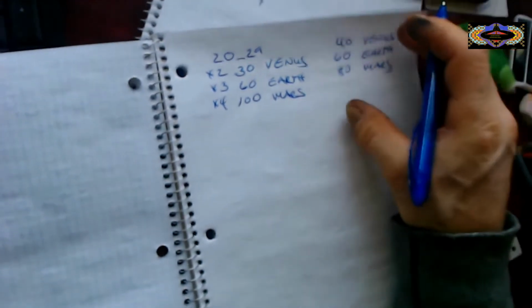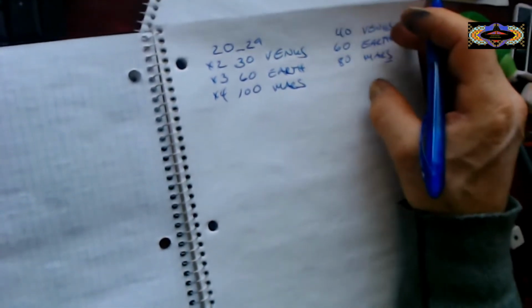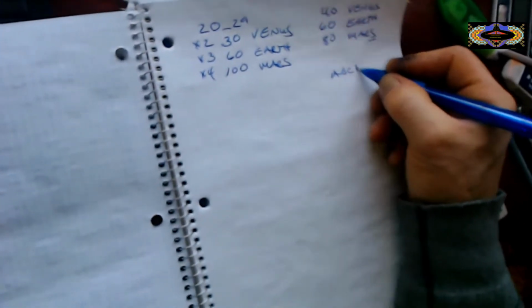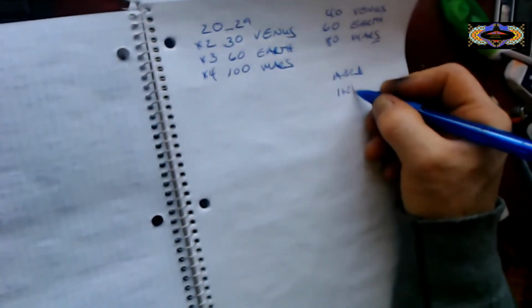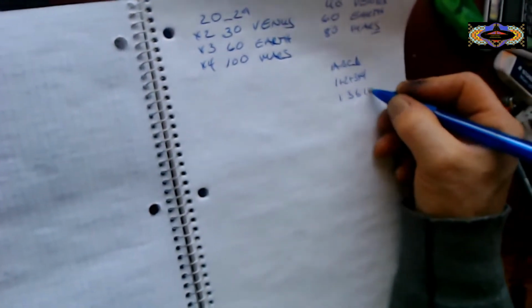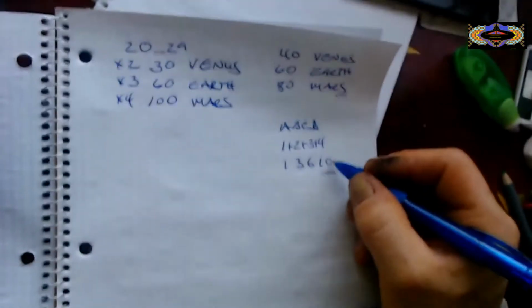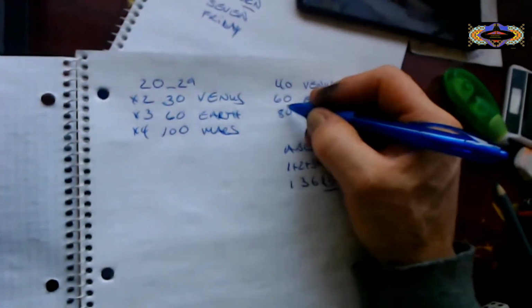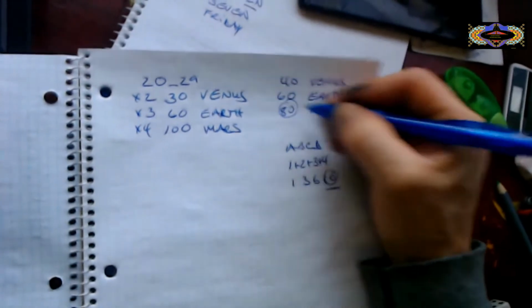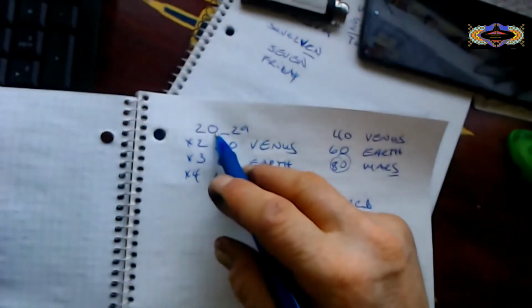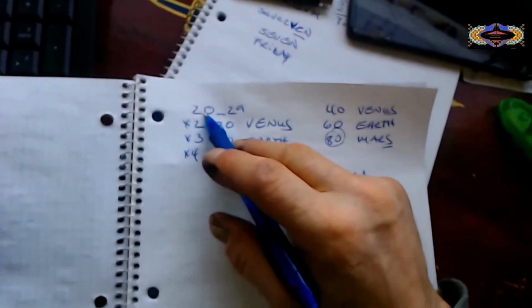The configuration that when I've done this before as A, B, C, D, as 1 plus 2 plus 3 plus 4, 1, 3, 6, 10, right? Where Mars is 10 over here. How all of a sudden does Mars go to 8? Because we're starting off at 20.